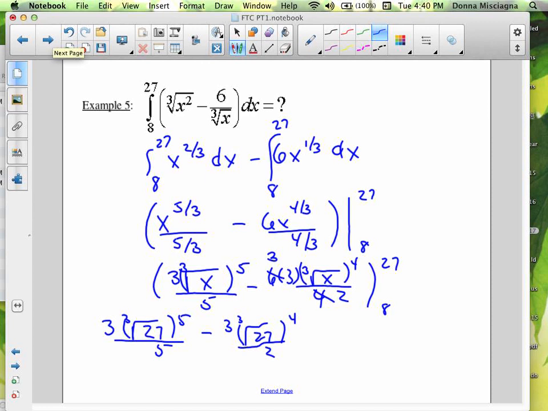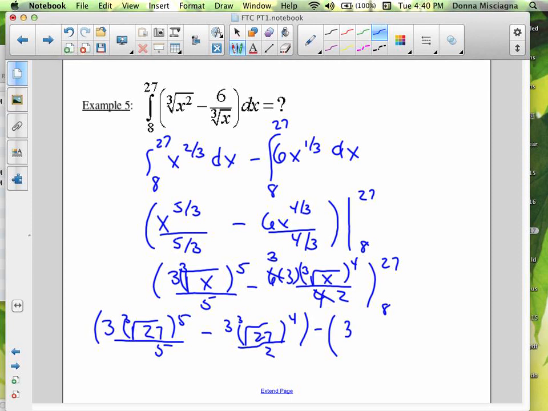divided by 2. And then we're going to take all of that and do the same thing, but plug in 8 instead. It's kind of complicated to pull these out because they're different. If they were the same, it'd be nice to pull those out and just multiply by 1 time.